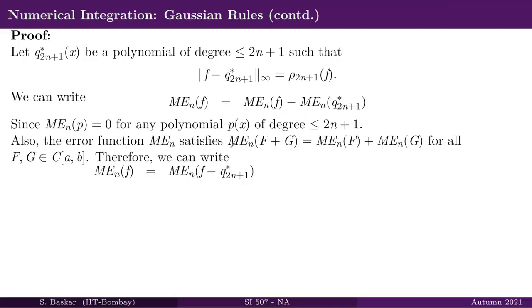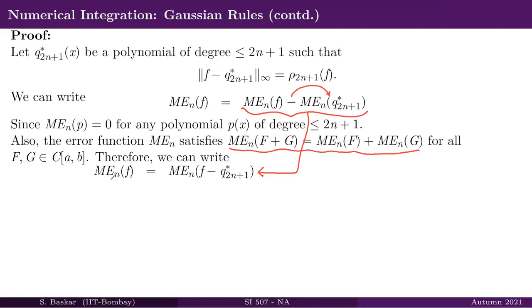Now you use the additive property of the mathematical error when applied to two continuous functions on the closed and bounded interval [a, b]. When you use that, this can be written as this, right? In fact, this minus can also go in because you can also check that the scalar multiple property holds.